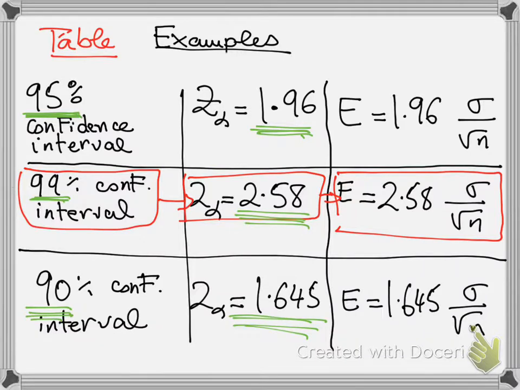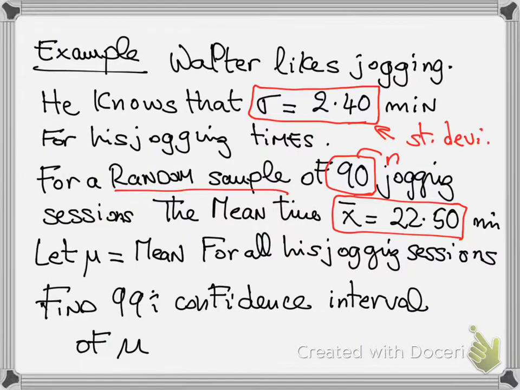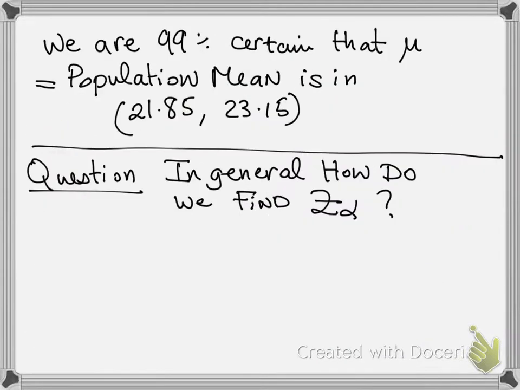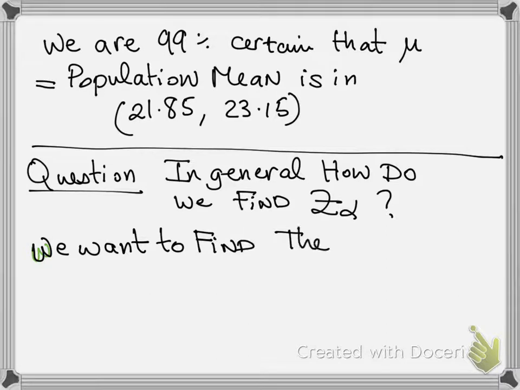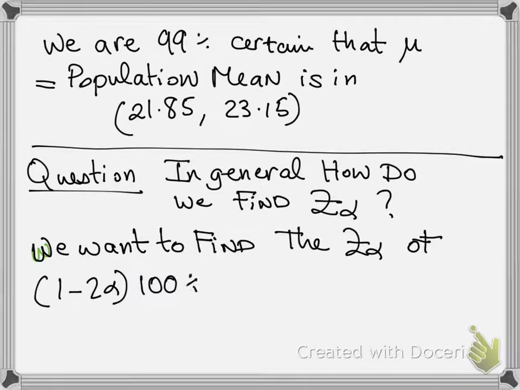But in general, how does it work? Let's say we want to find the Z alpha of a (1 minus 2 alpha) times 100% confidence interval.